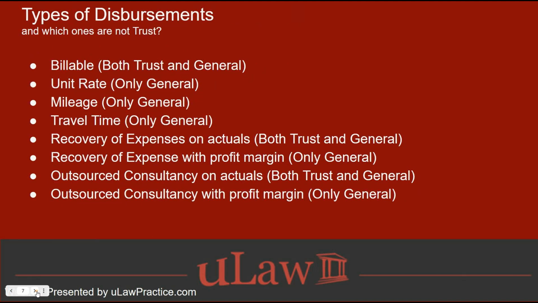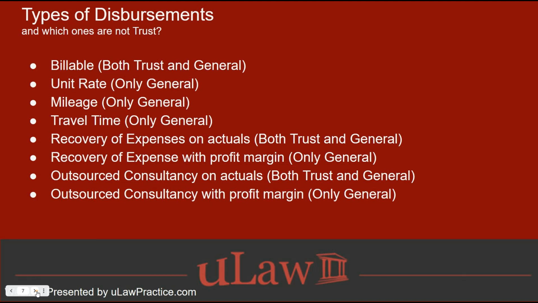All right, so here's an interesting slide. Often I share this, and I do pause here for a quick minute. There's, of course, as I mentioned before, trust and general, both very good routes to take. Trust, even better if you can exercise that accounting vehicle to pay for disbursements.